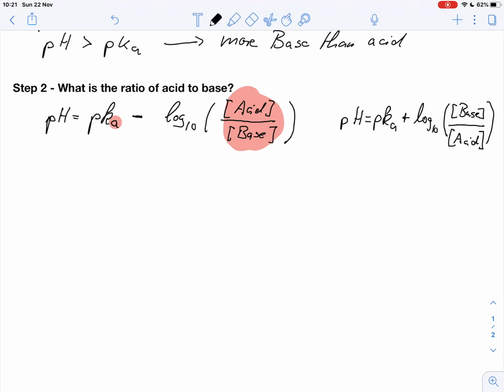So what we do is we just do a little bit of rearranging of the equation.